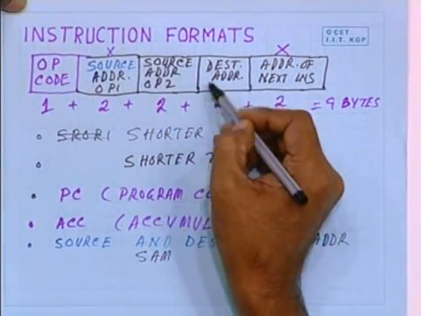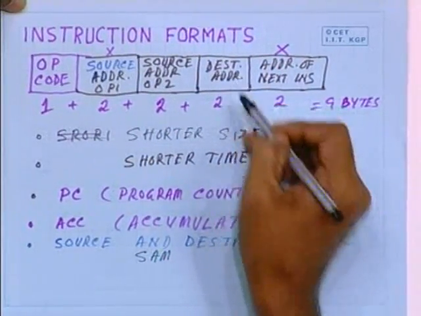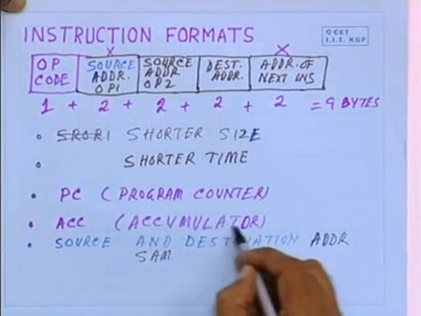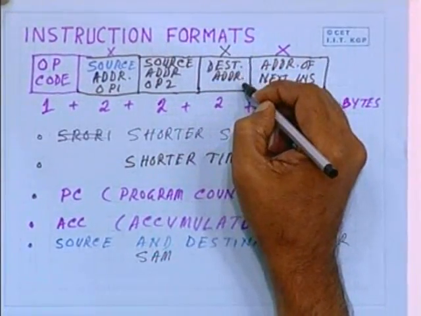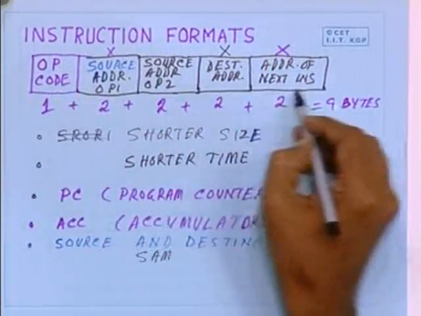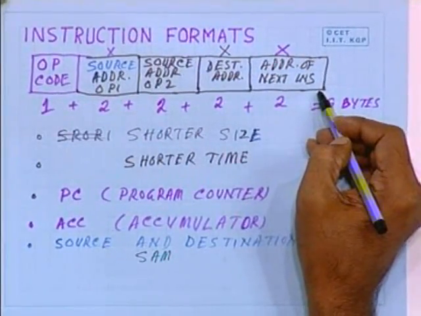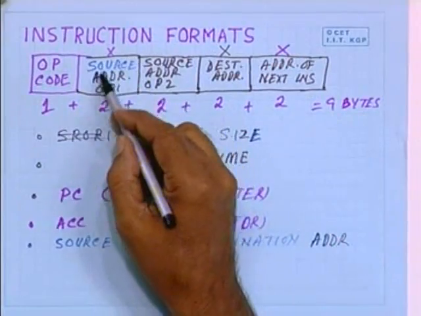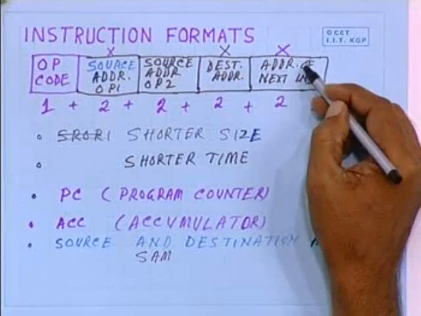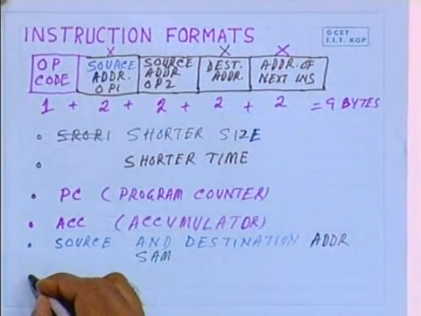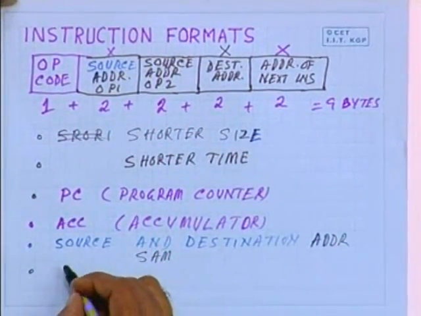You can store the result, that means the destination, in the accumulator itself. So the accumulator is the source of the address as well as the destination of the address. You will store the result in the accumulator. So the destination address need not be provided as part of the instruction. So we have been able to remove the source of operand 1, the destination address and the address of the next instruction from the instruction.